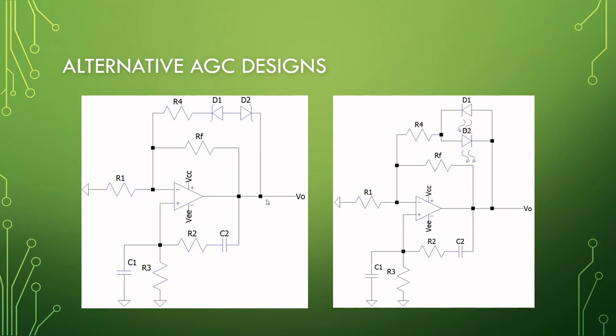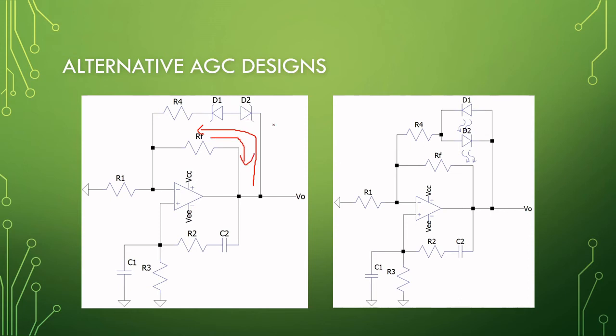The moment that the output becomes large enough to overcome the Zener voltage and the diode voltage, so for a positive signal we will have Zener 2 here and diode 1, and for a negative signal we will have Zener 1 and diode 2.